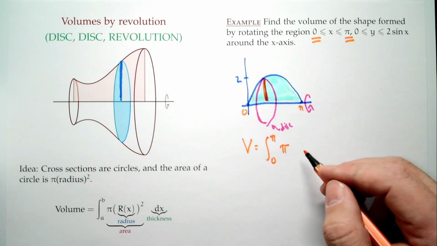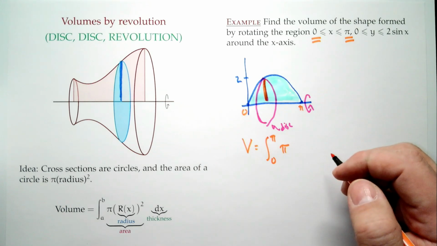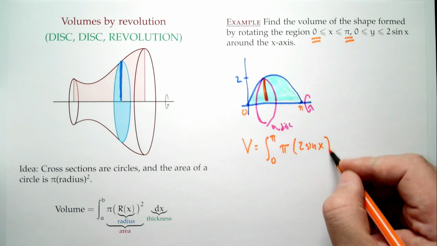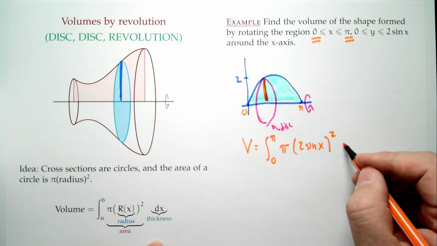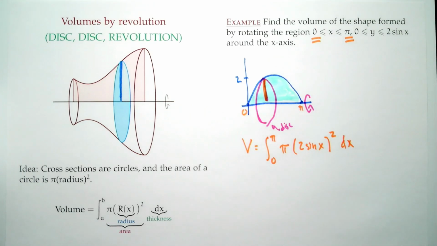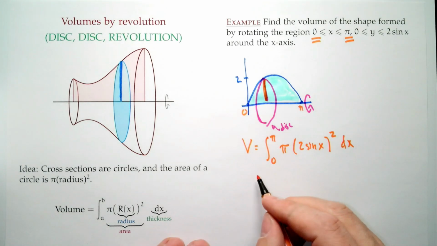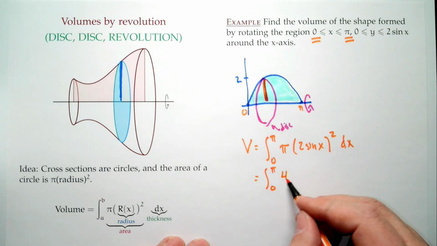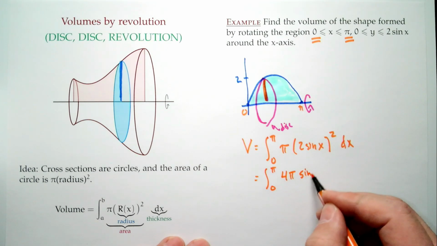So what is our r of x here? 2 sine of x. Then we square it, dx. Okay, so how do you integrate something like 2 sine of x quantity squared? What can you do? If we clean up a little bit, this would be the same as 4 pi sine squared of x.